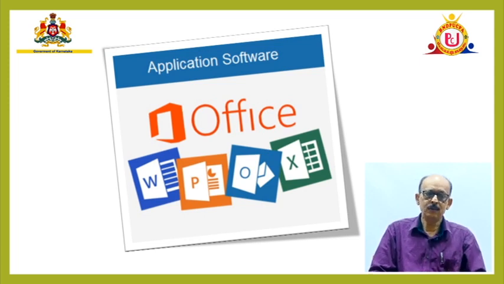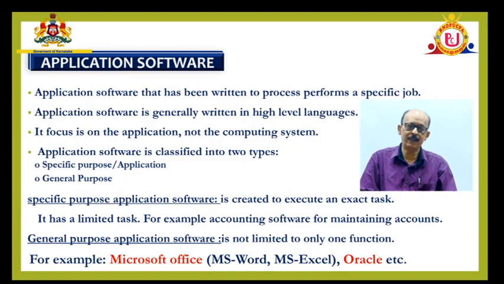Next, when we say application software, it is for a particular set of jobs, a specific job or a specific task. Generally, these application software are written in one of the human readable languages.